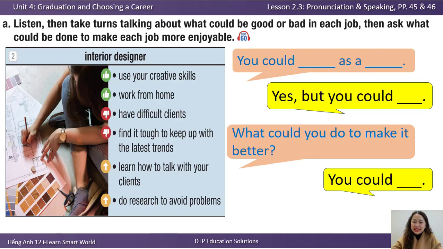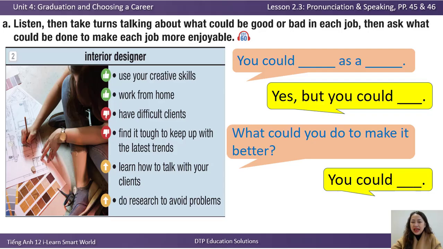You can see in this slide, it's focused on the roles of an interior designer, emphasizing both positive and negative aspects, along with possible improvements. Some positive aspects: your creative skill.